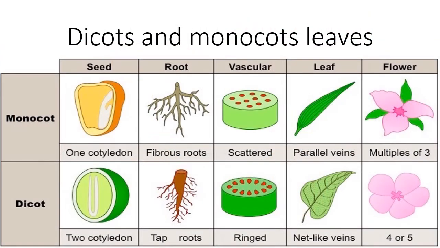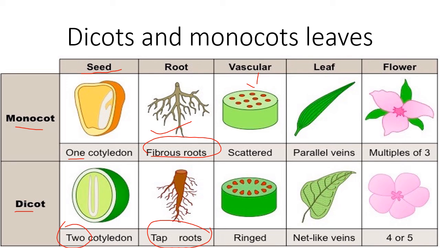Here you will see the comparative account with respect to various parts, various organs. First of all, seed: in monocot it is with one cotyledon, in dicot it is with two cotyledons. Roots are fibrous in case of monocots, and tap rooted in dicots.